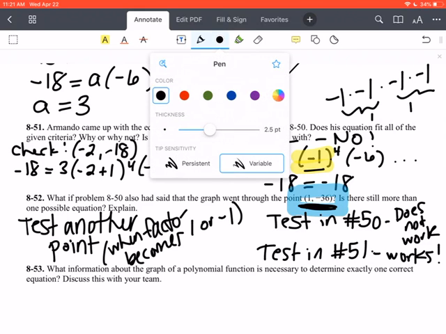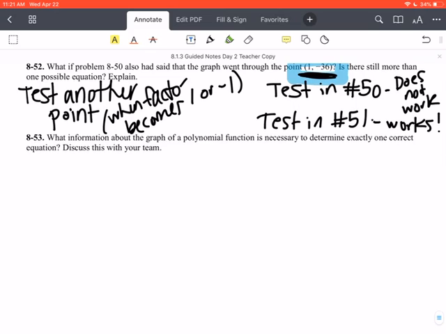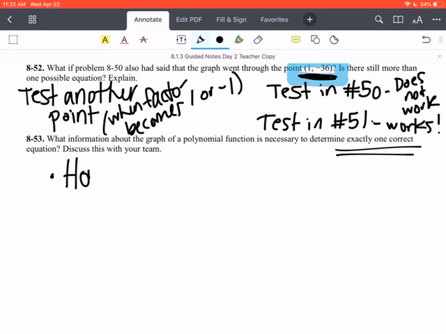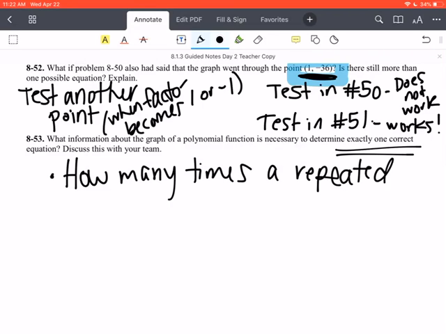All right. So our final question is basically saying, what information about the graph of a polynomial function is necessary to determine exactly one correct equation? Okay. Well, we would need to be told how many times a repeated factor occurs.